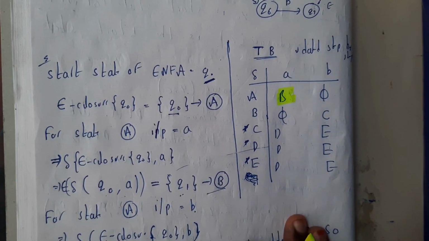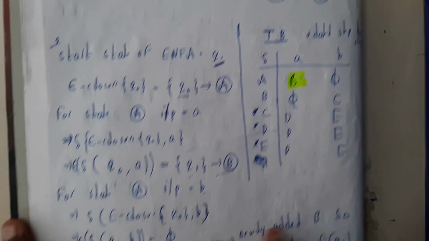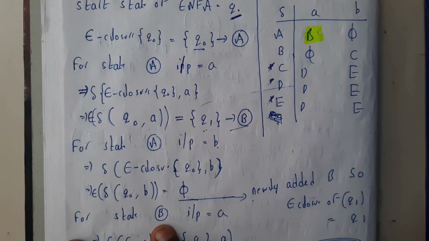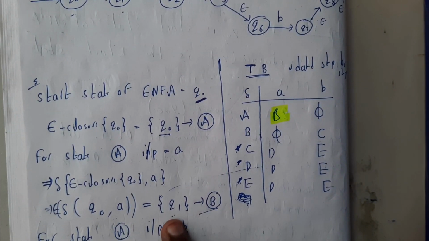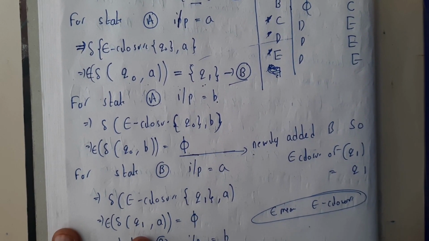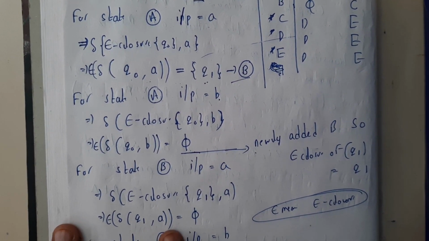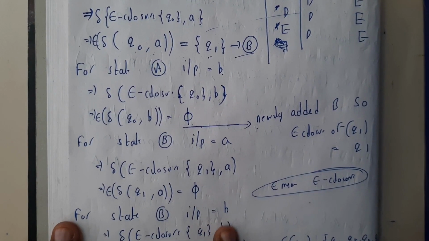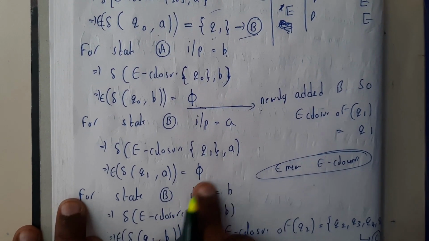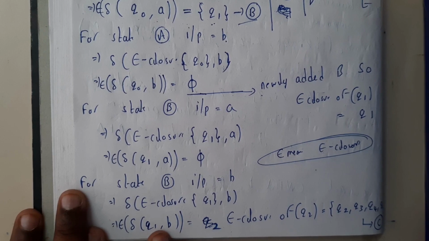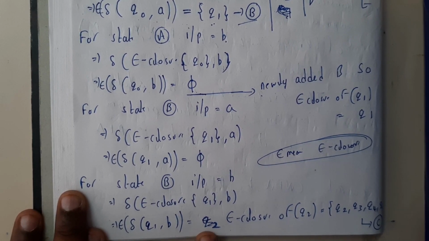Now the same process continues for B. Epsilon closure of what is B? B is nothing but Q1. So for Q1 on a we got phi. For B we'll be doing b. After you get a result, observe here. Till now we got the normal states, but here we got Q1 on b is equal to Q2.